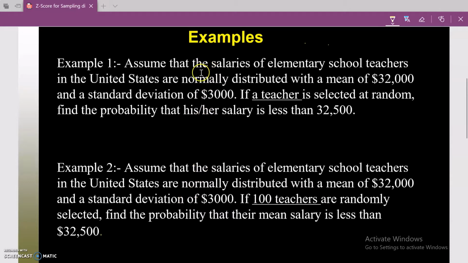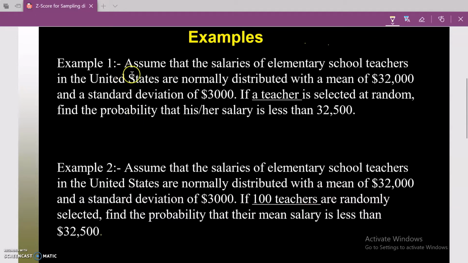It is very important that you read the first example. I will solve both of these examples, but what you need to point out is the basic difference between this example and this example. So I ask you to pause the video and then tell me the difference.